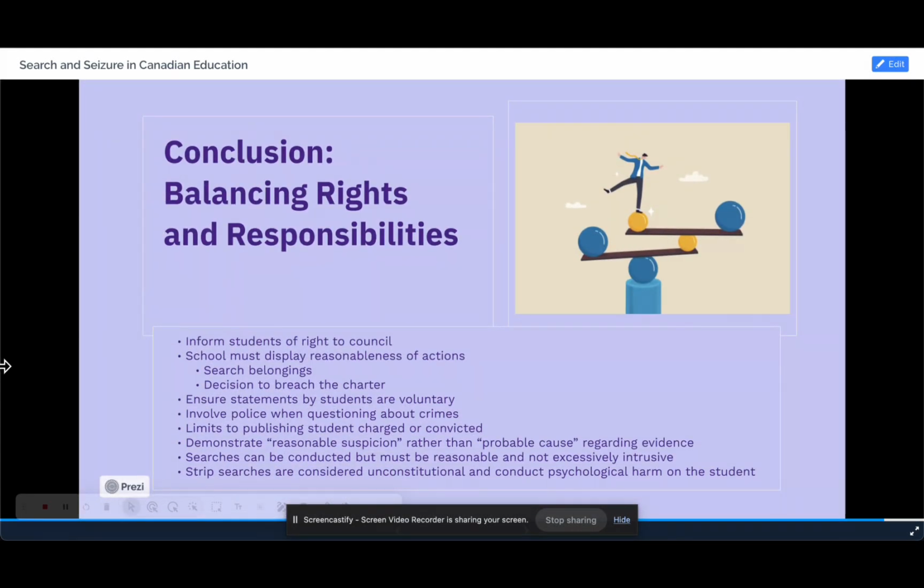So all in all, successfully balancing student rights with the responsibility of search and seizure requires ongoing education and policy adaptation.